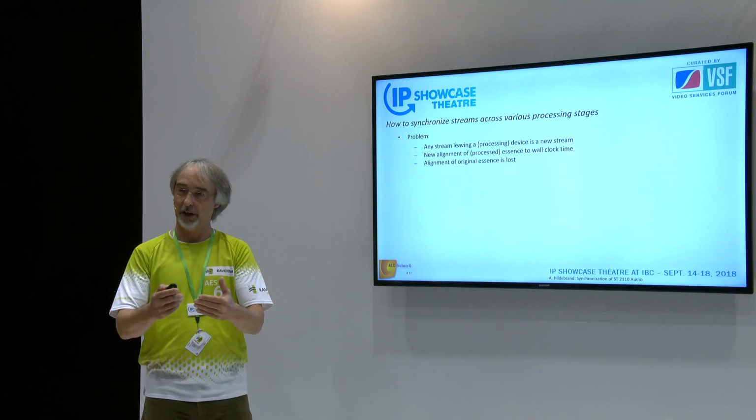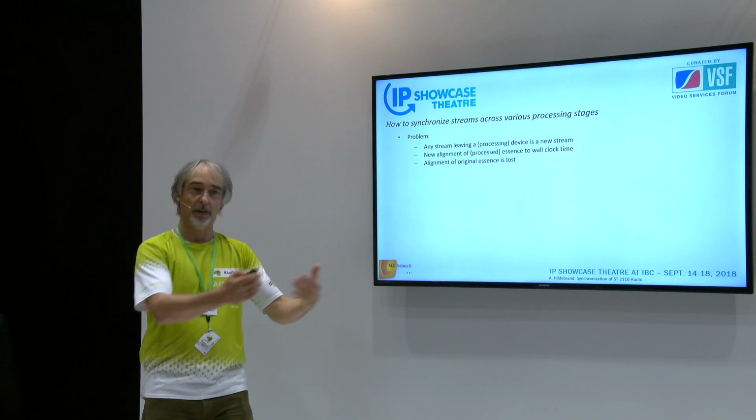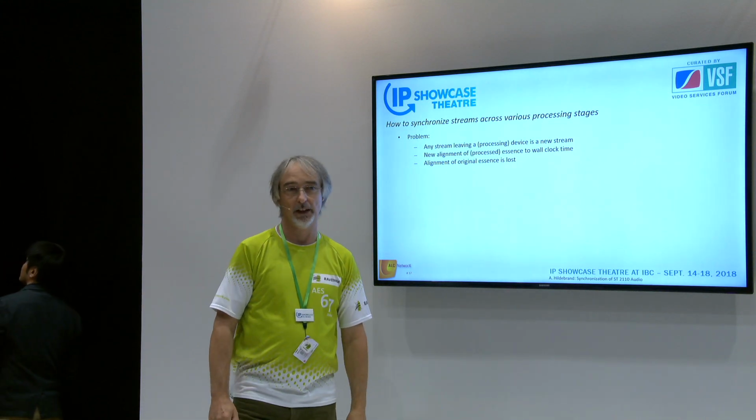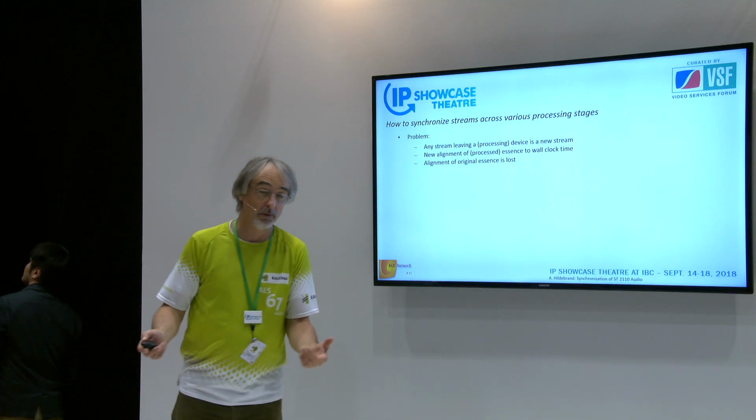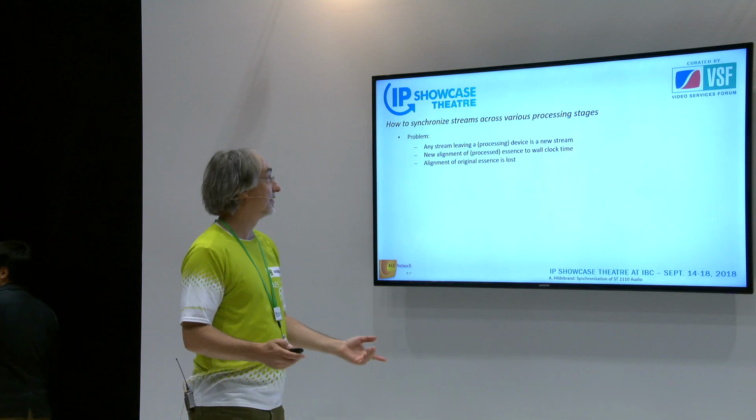Because now at the end device we see streams which are not the original content streams anymore, and the timestamps carried in these streams are not those reflecting the original essence.